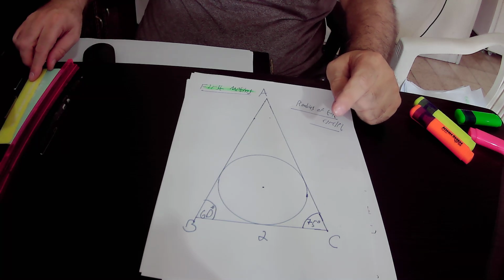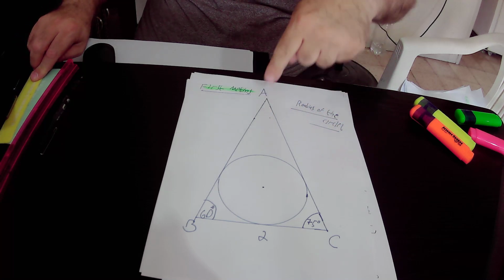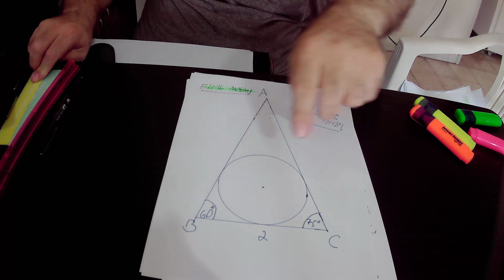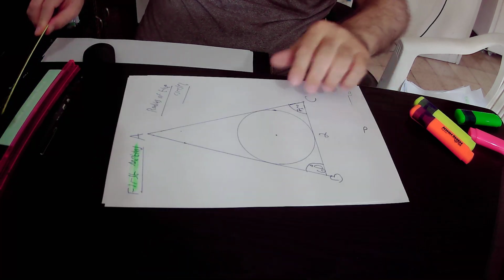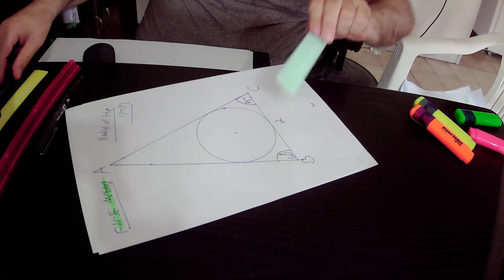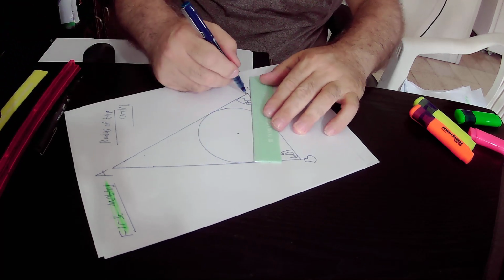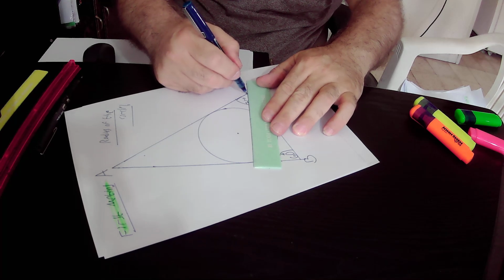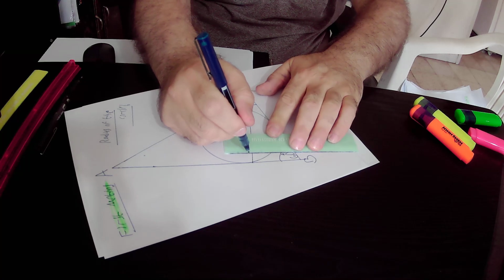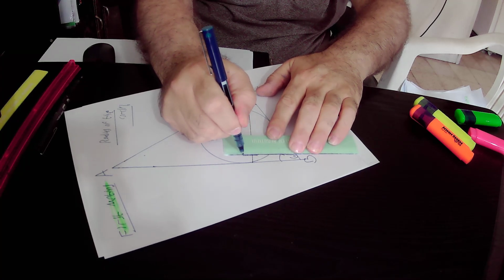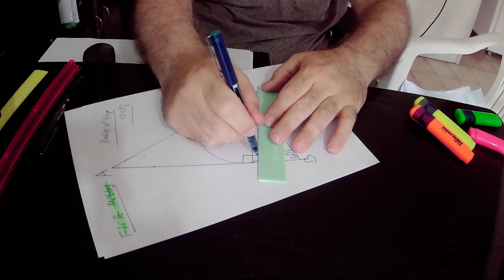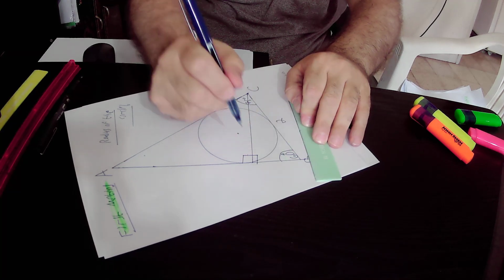In the first method, from point C we will draw a perpendicular on AB. This angle equals 90 degrees according to our construction. This angle also equals 90 degrees according to our construction.